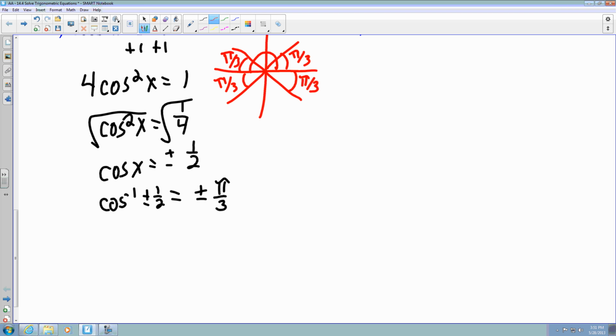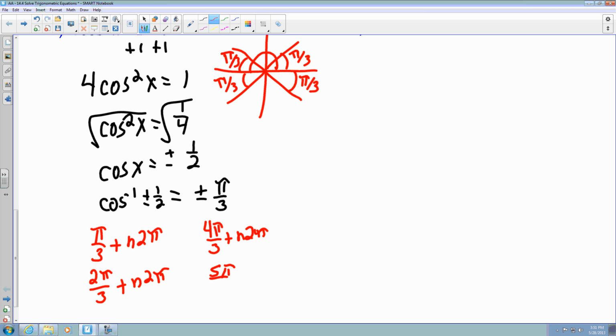And so the first one we know that it's going to be pi over 3 plus n times 2 pi. That's the first one. And then the next one's going to be 2 pi over 3 plus n times 2 pi. And then we're going to have 4 pi over 3 plus n times 2 pi. And then the last one's going to be 5 pi over 3 plus n times 2 pi.